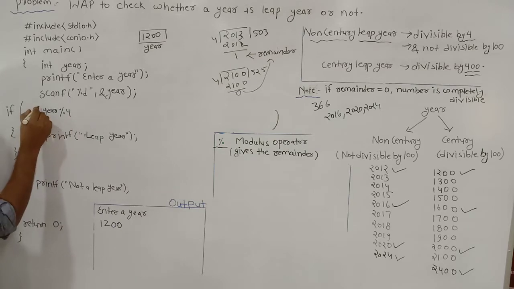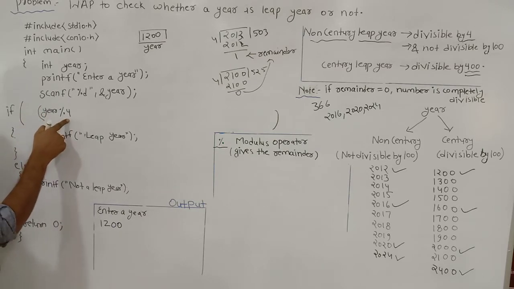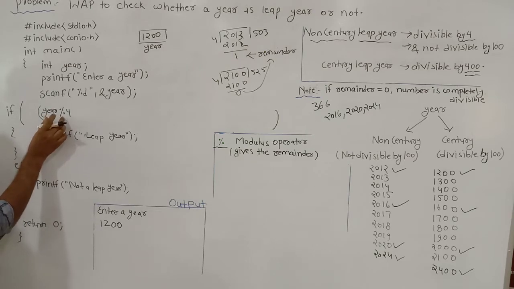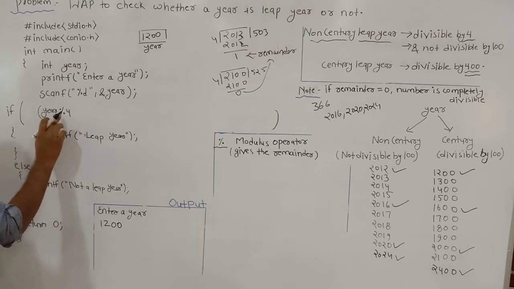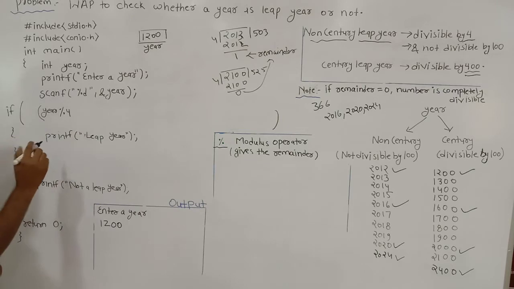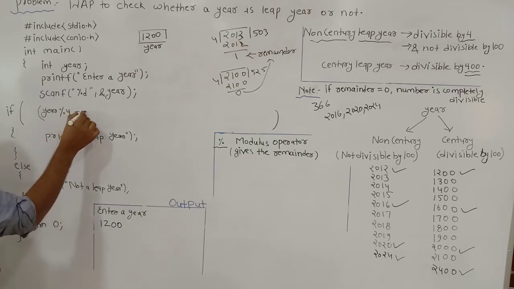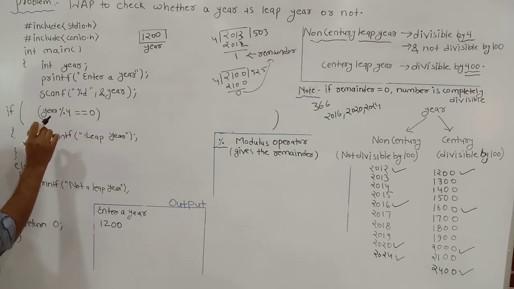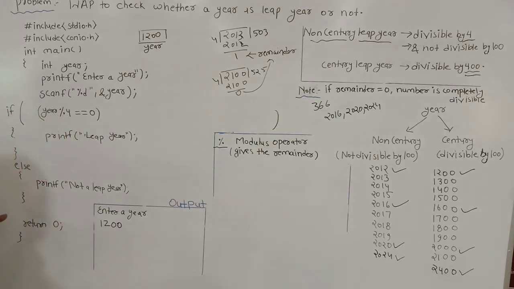What does this statement mean? This statement gives the remainder. We divide the year by 4 and it returns the remainder. And if the remainder is equal to 0, this condition is true. The number is divisible by 4.